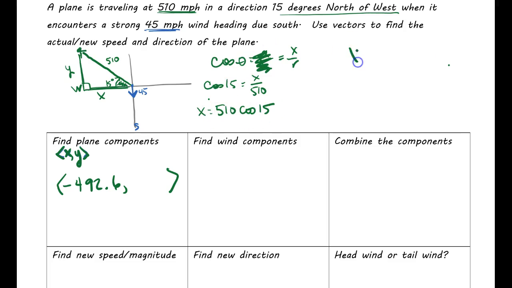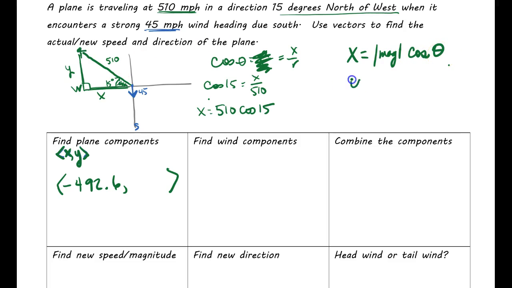In other words, x is always going to be the magnitude of your vector times the cosine of the angle, as long as the angle goes with the x-axis. So you might want to make a little side note there, okay? If you drew something to the y-axis, don't use that one. You better find what it is to the x-axis first. But it's the magnitude times the cosine of the angle.